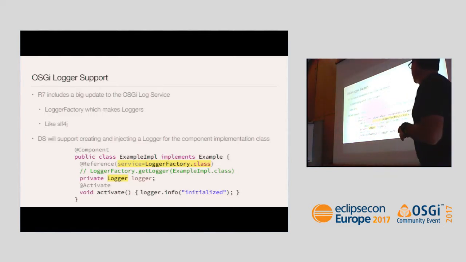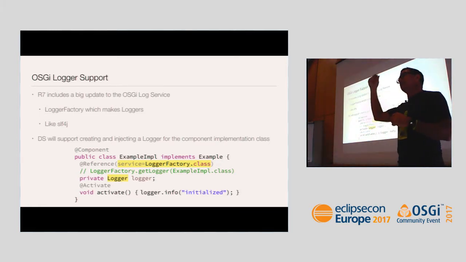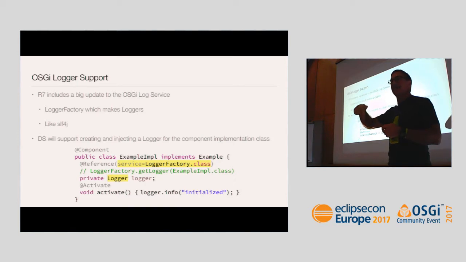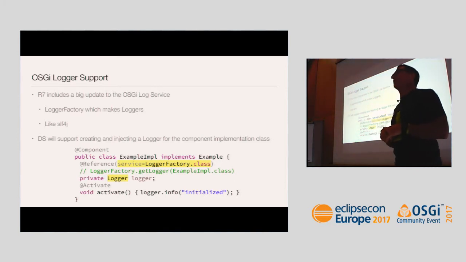It will look up the logger factory service based upon the @Reference. And when it sees that the field to receive the service is not itself of type LoggerFactory, but is of type Logger, it'll make the call internally to get a logger object for your implementation class and inject it into the logger field.